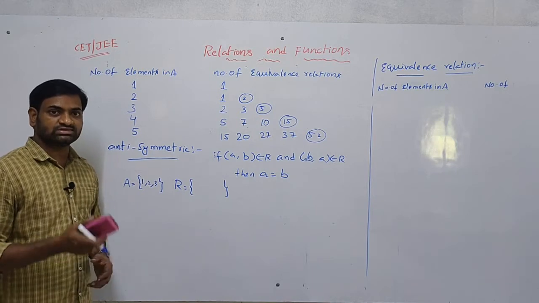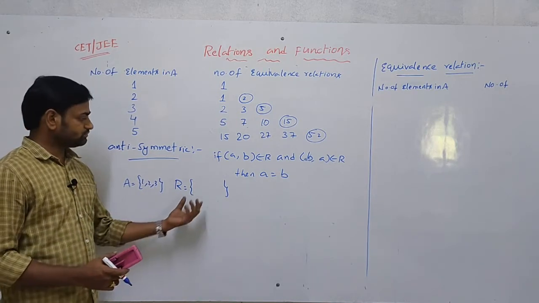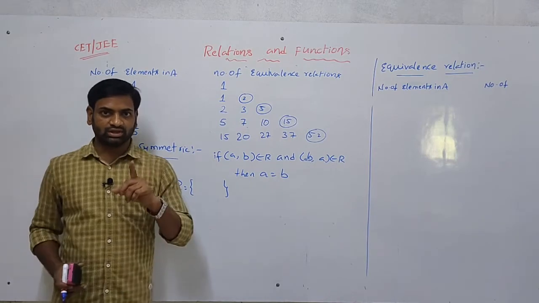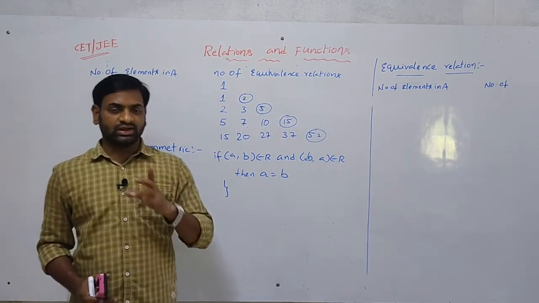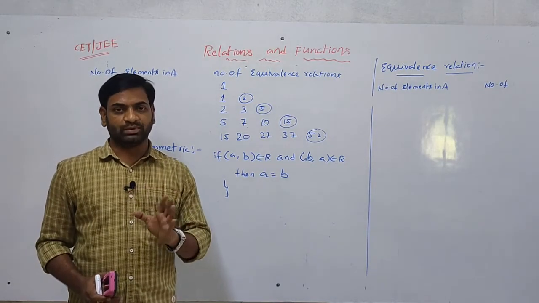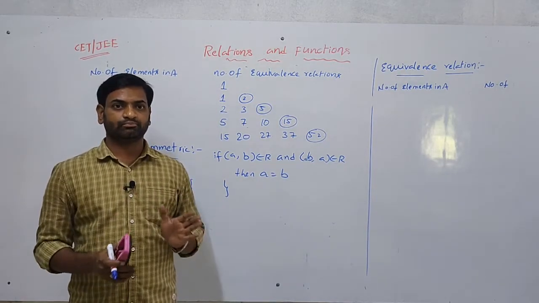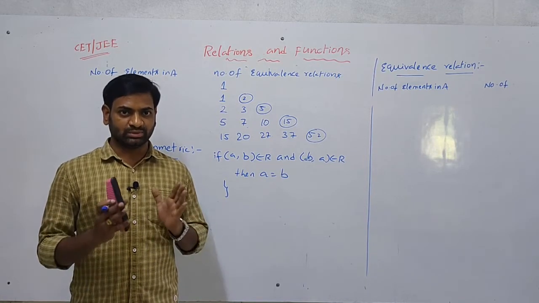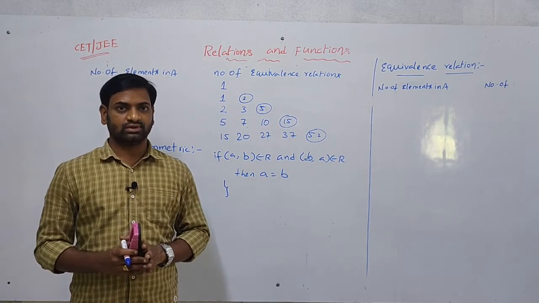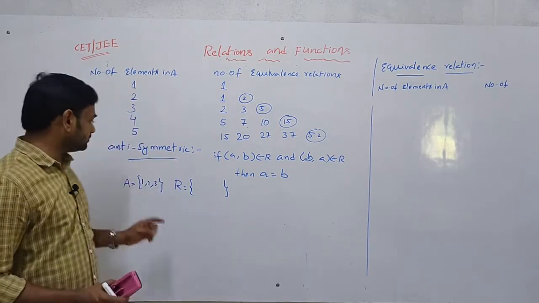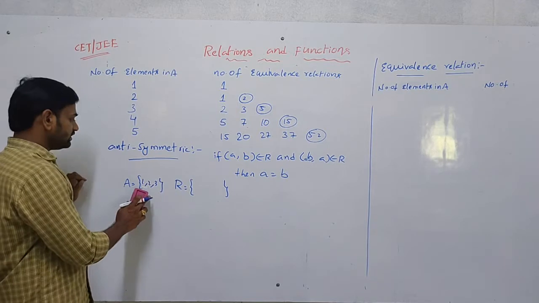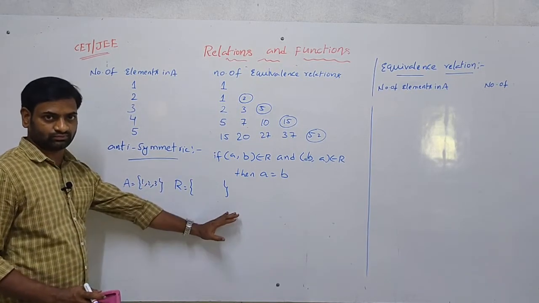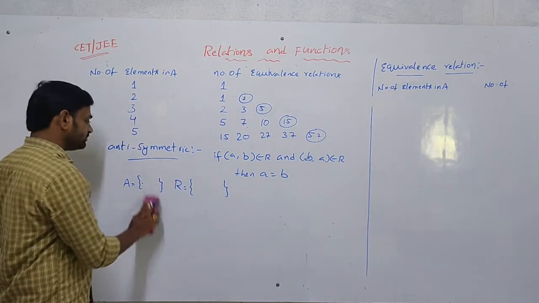But it is symmetric and transitive because there are no ordered pairs. Remember one thing: in a relation, if there are no ordered pairs, it is blindly symmetric and transitive. Whether it is reflexive or not depends on the given set. If the given set is non-empty, that means some elements are there, then it is not reflexive. If it is also empty, then it is reflexive.